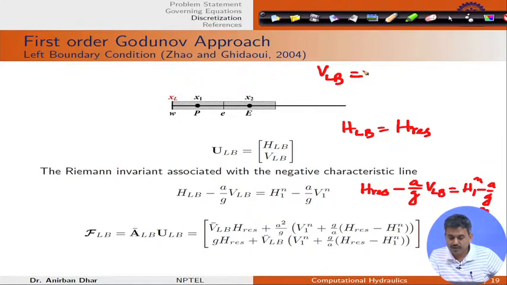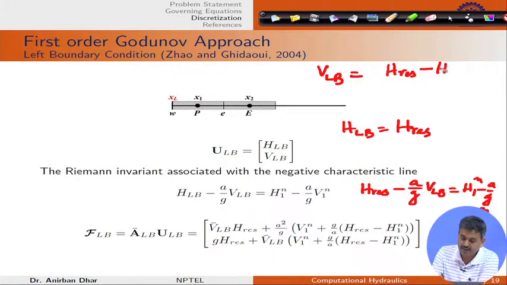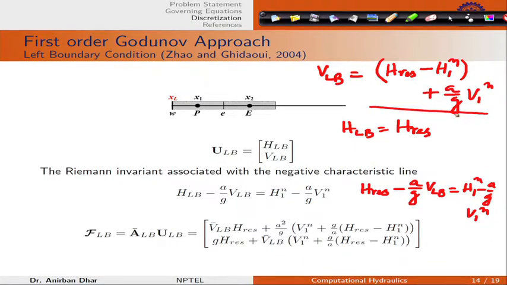So, if I utilize this VLB value, which is H res minus H1n plus A by G V1n divided by A by G. Obviously, in this case I will get the resulting thing as no coefficient for V1 and I will get only the coefficient of this one as G by A, that is this quantity there.